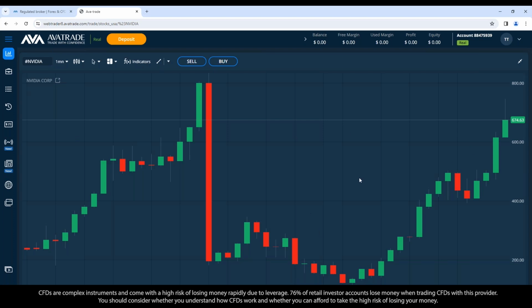Okay, so the 1 month candles for NVIDIA, look at this climb from where they bottomed out here. This is a big drop during COVID and everything else, and look at the recovery month after month after month. We're talking from under 200 to nearly 800, 750-ish in just a couple years' time.